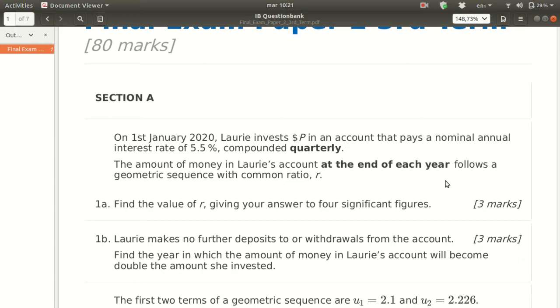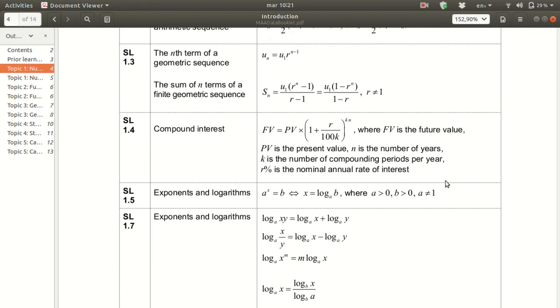of each year. Okay, so one of the formulas that we have is the compound interest formula. There it is. So when we studied this in class, I really didn't like the way that the book presents the formula because of the 100.